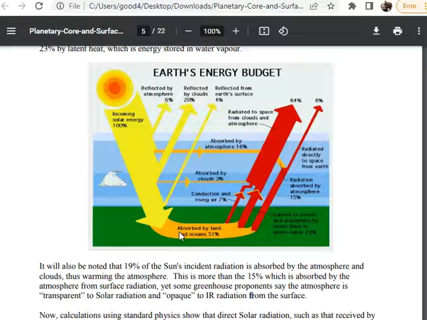And compare it to how much of this came directly from the ground and made it into space. 6%. So 55 versus 6. That's the comparison of the transparency. 55% of the visible light made it all the way to the ground. 6% of the infrared light made it all the way into space.